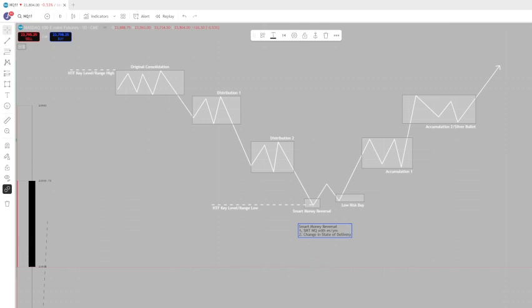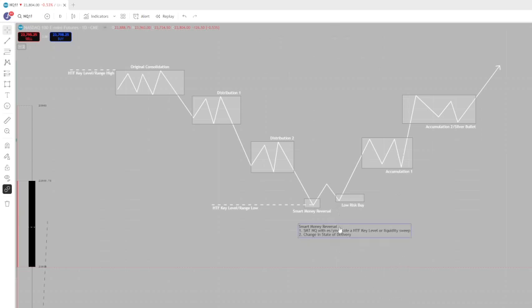The SMT has to be inside a high time frame key level or liquidity sweep, because price moves from internal liquidity to external liquidity. So say this was external, the range low, then we would target some type of internal up here.